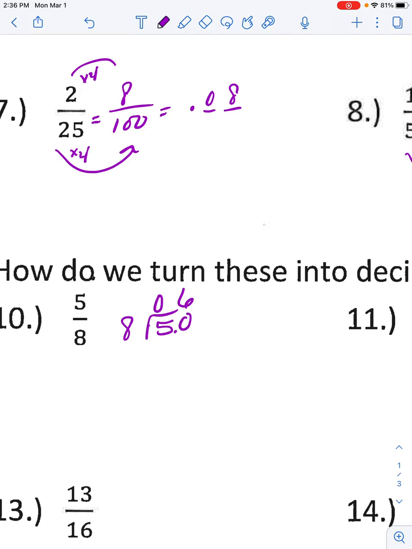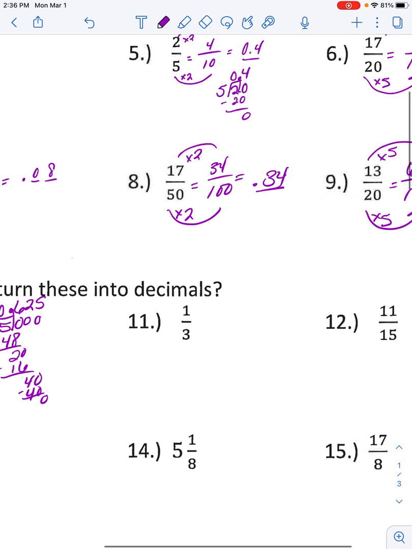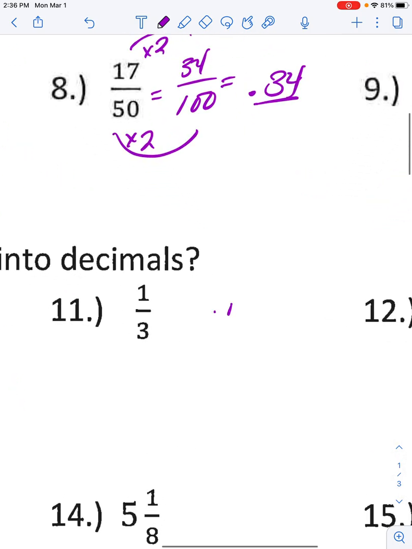These are a little bit annoying. So this one we have 625 thousandths.